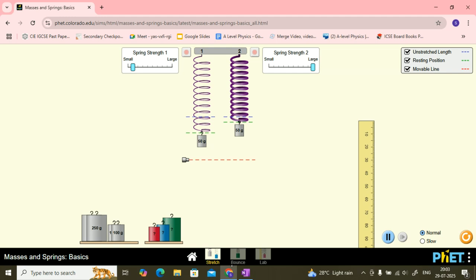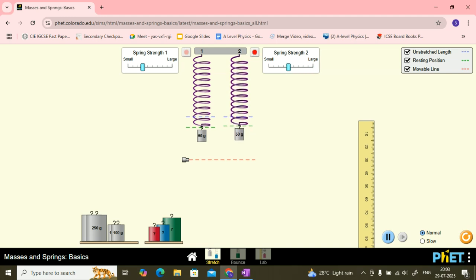Spring number 2 is thicker, its spring constant is high. If I make both springs of the same strength, both springs are identical now, so both will have the same spring constant.